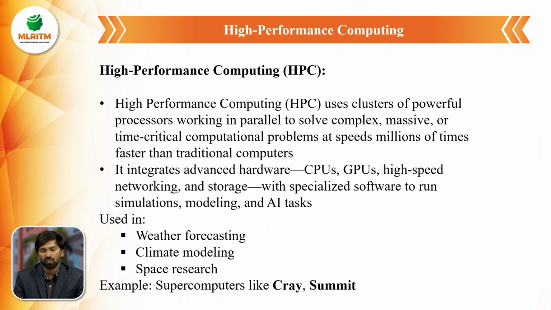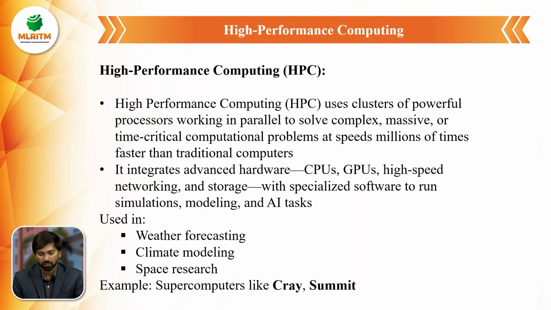Next, high performance computing. High performance computing uses clusters of powerful processors working in parallel to solve complex, massive, or time critical computational problems at speeds of millions of trillions of calculations, faster than traditional computers.